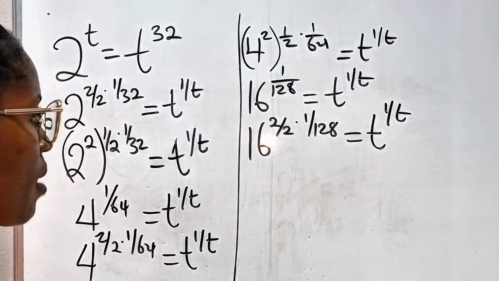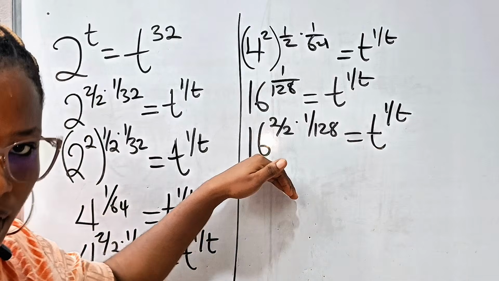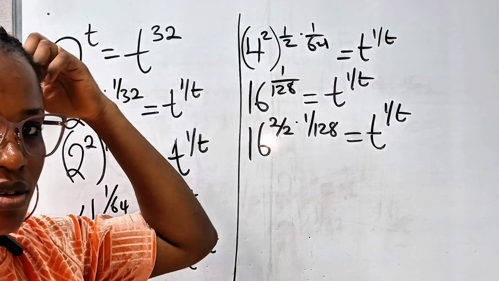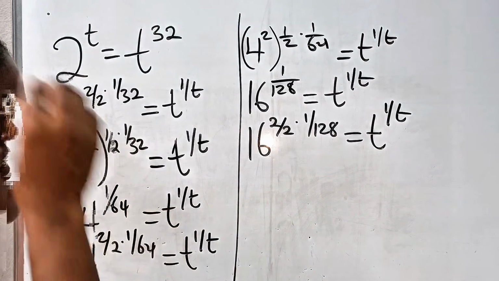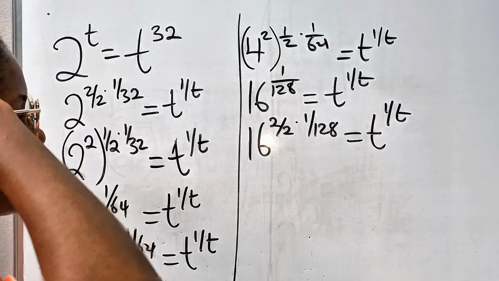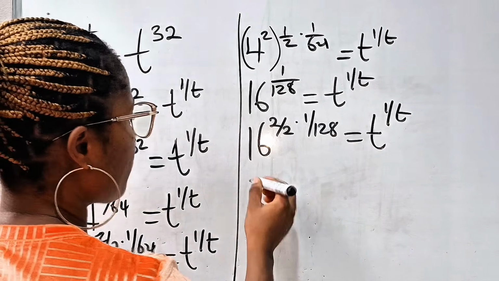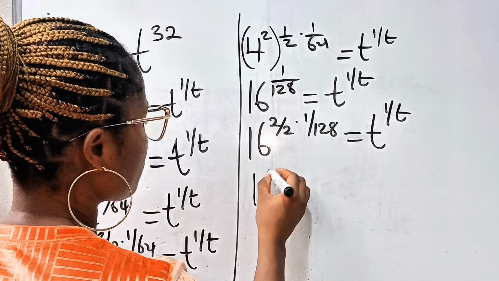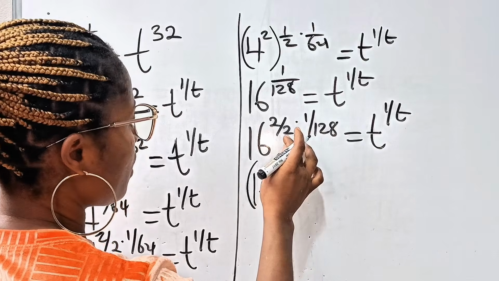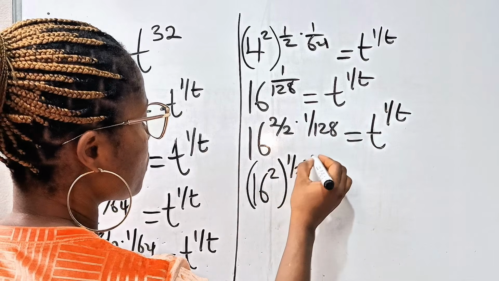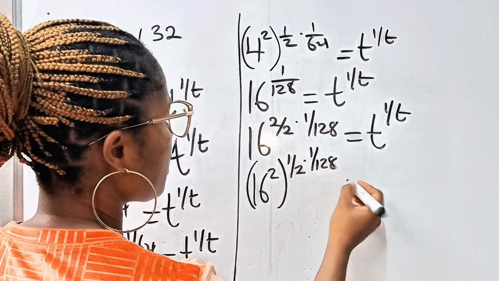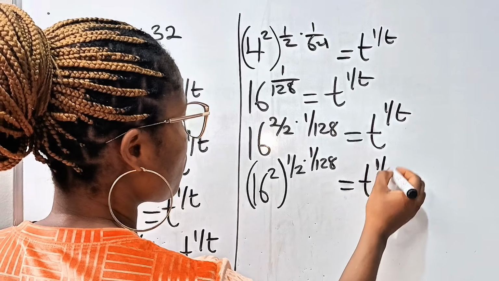I want a situation whereby I'm going to have what I have here. That is what I'm trying to do. And we're getting to the answer already. Now we have 16 to the power of 2. Then we have 1 over 2 remaining, right? Multiplied by 1 over 128 is equal to t to the power of 1 over t.